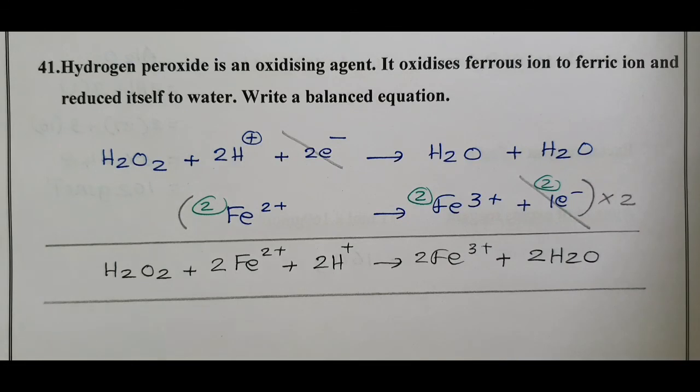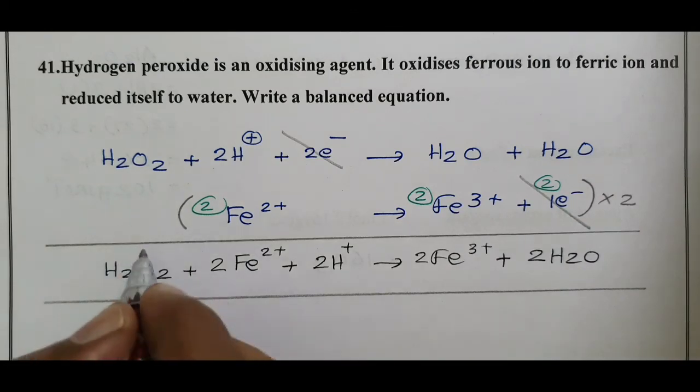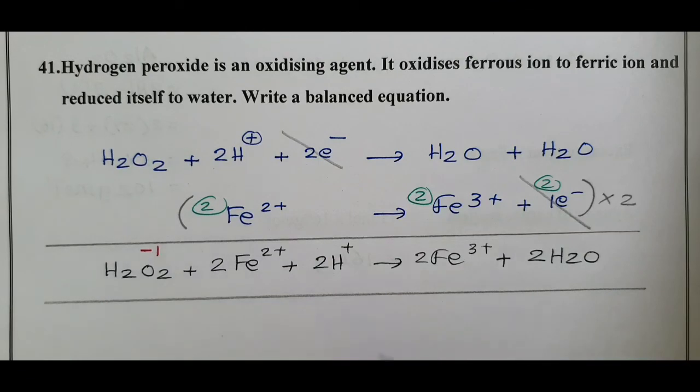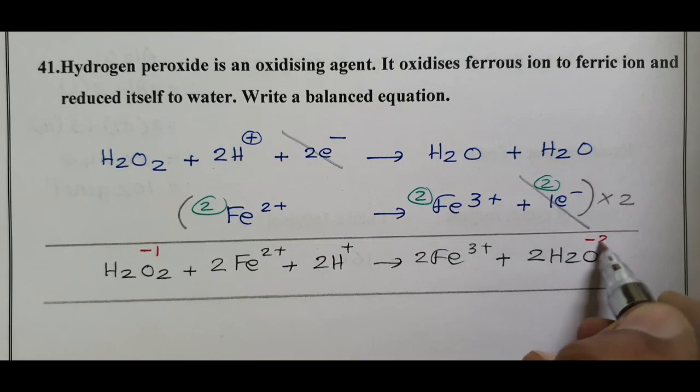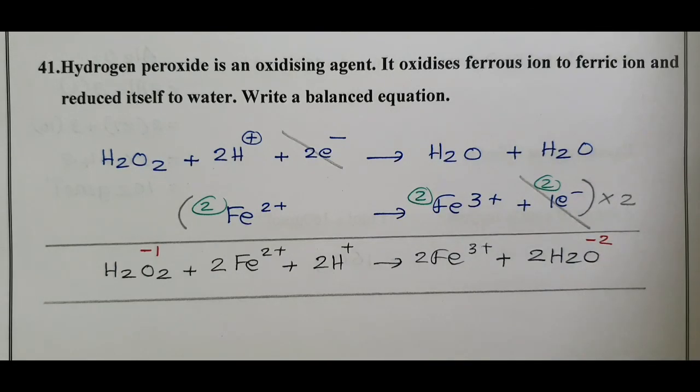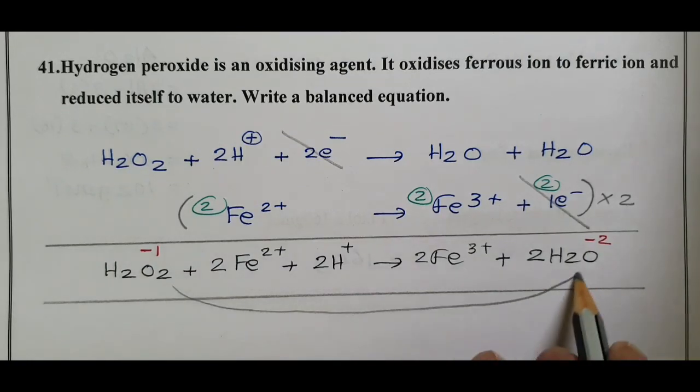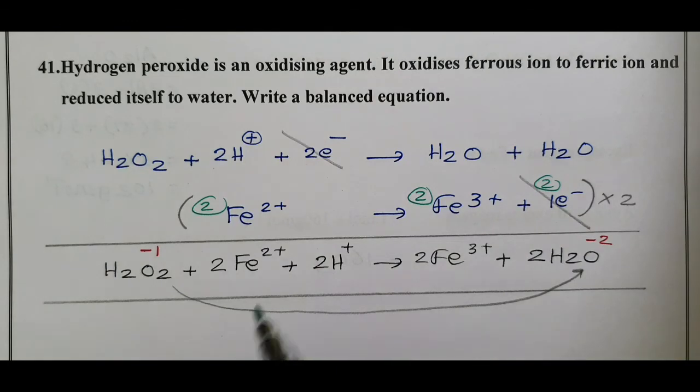Now in this equation, in peroxide, the oxygen oxidation state is -1. In water molecule, the oxygen oxidation state is -2. When you move from left to right, the oxidation number goes from -1 to -2. The oxidation number decreases, therefore it is called reduction.